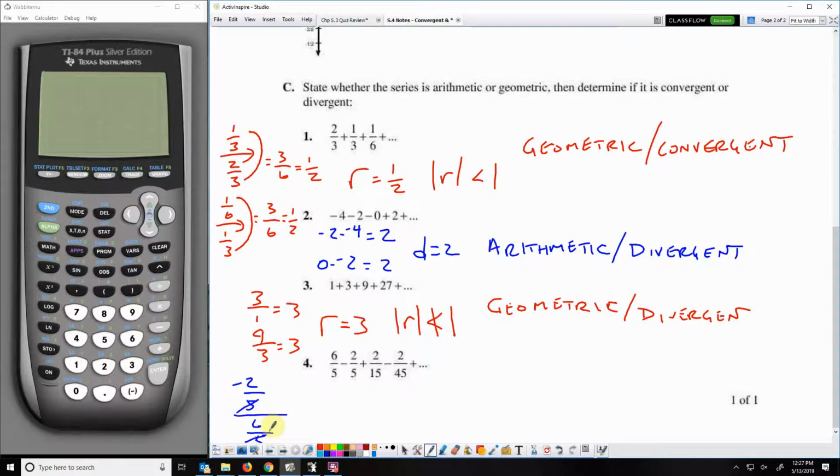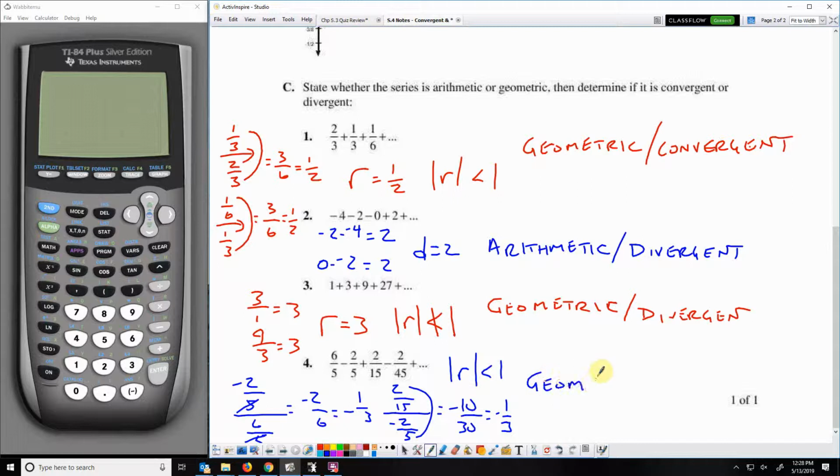These 5s are going to cancel, so we've got -2 over 6, which is -1/3, and 2/15 over -2/5. So I've got -10 over 30, which is -1/3. Okay, so I've got an r of -1/3. The absolute value of r is less than 1, so it is geometric, and it is convergent.